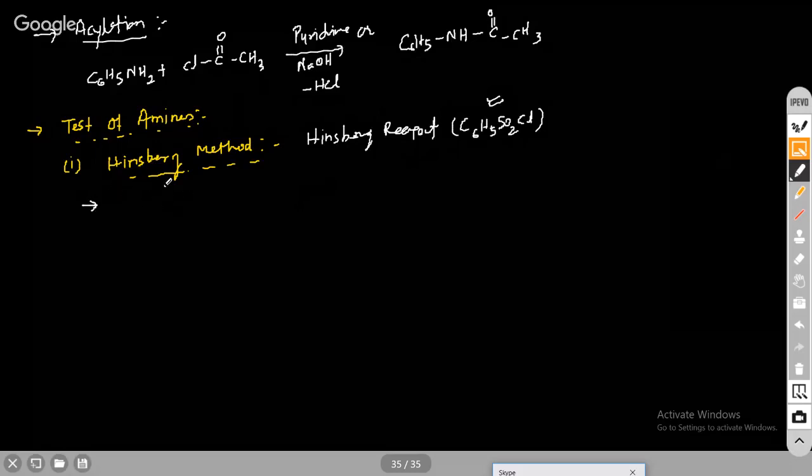Primary amines on reaction with benzene sulfonyl chloride. This C6H5SO2Cl is benzene sulfonyl chloride, Hinsberg reagent.